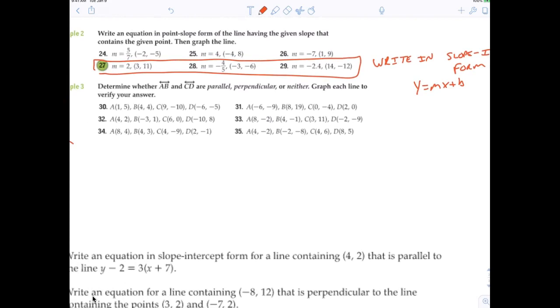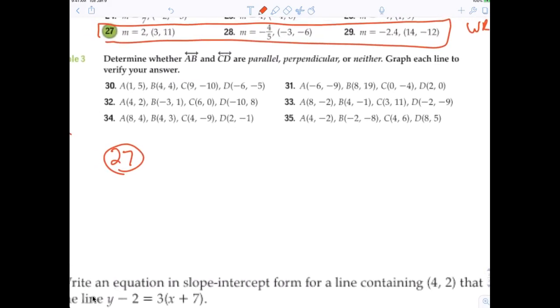All right, so the easiest thing to do is always put it in point slope form first. So here we go. Here's 27. Someone write that equation for me. Drew, go. Thank you very much.